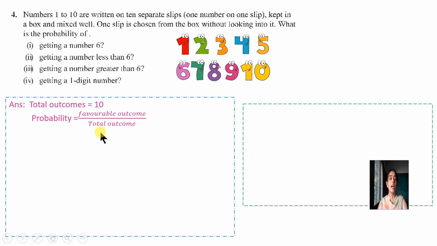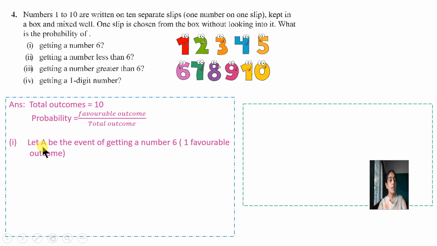Then we will start with whatever is asked. First we will name this event. Let A be the event of getting a number 6, and in the bracket you will write down the favorable outcomes. There is only one slip with the number 6, so one favorable outcome.